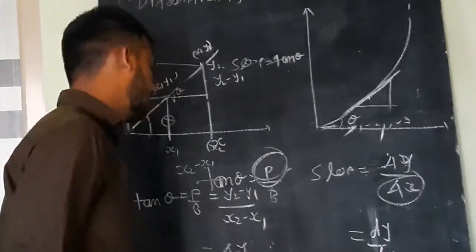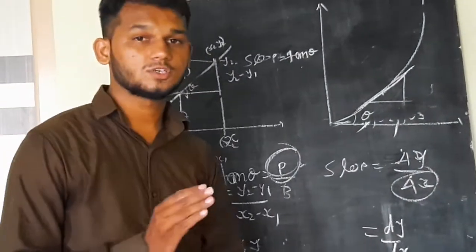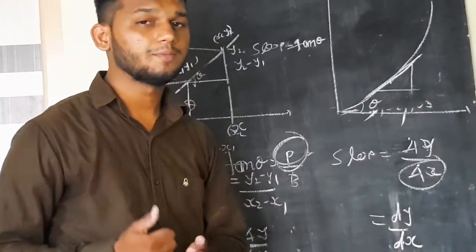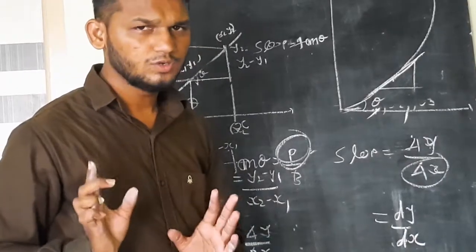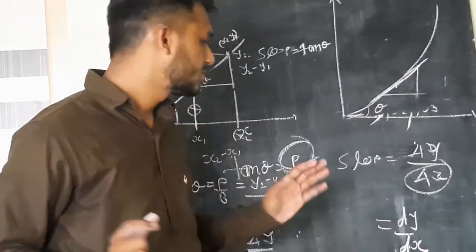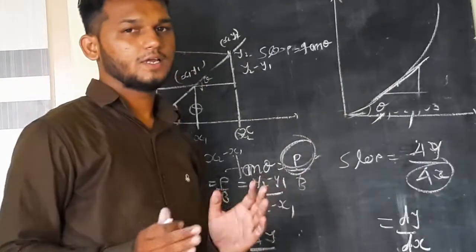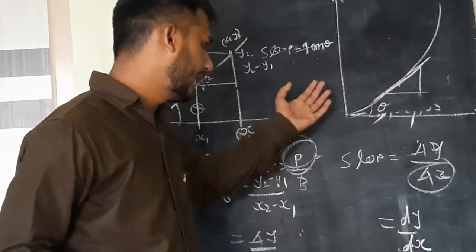This phenomenon tells us what differentiation is. It is simply the slope, a ratio between y and x.